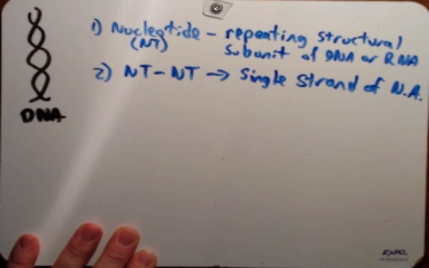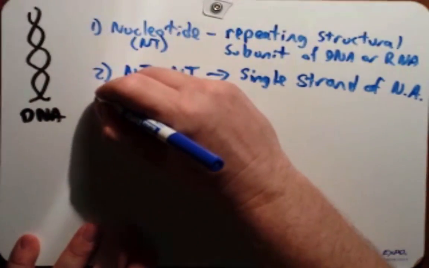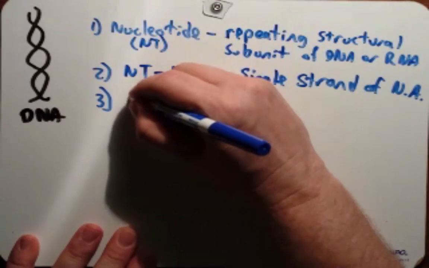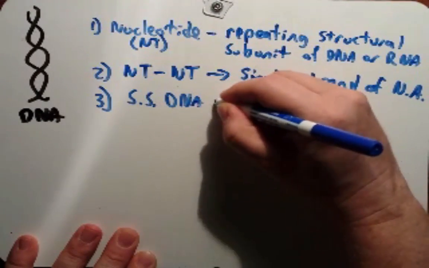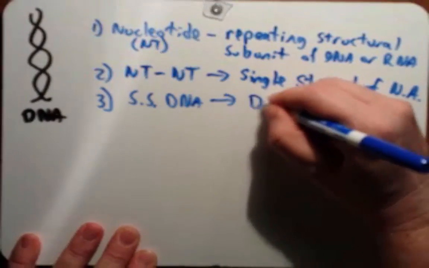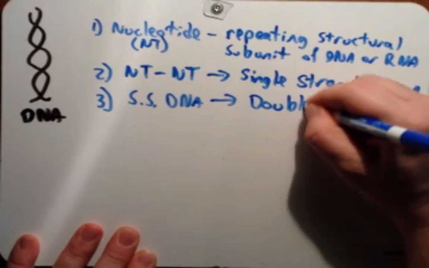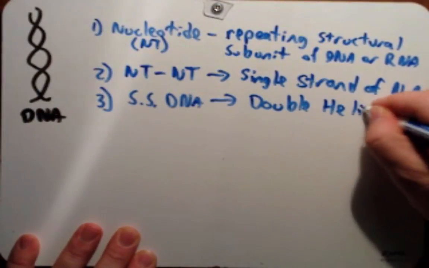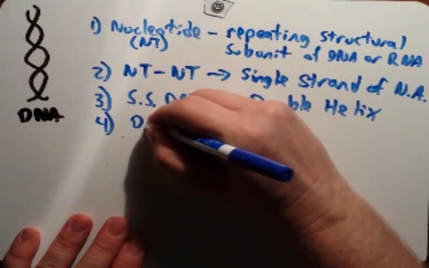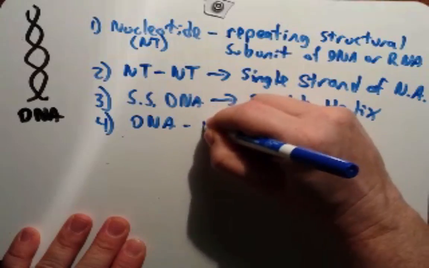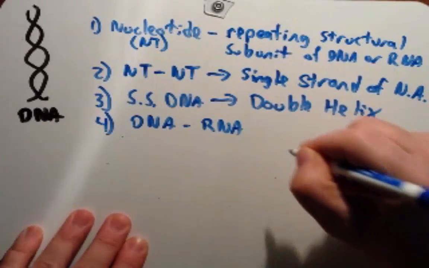And sometimes I'll abbreviate nucleic acid with just an N and an A. The next thing we'll want to ask is, how do we take single strands of DNA and create the double helix? And as we're going through this, we'll point out the differences between DNA and RNA.